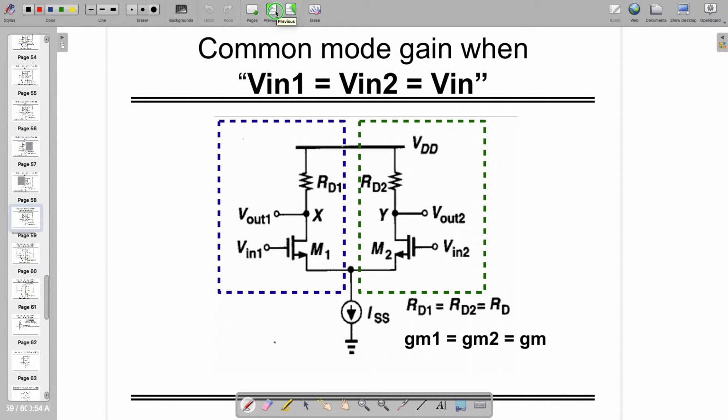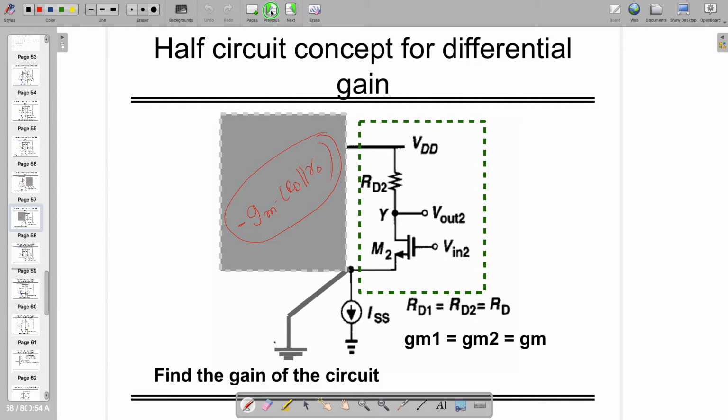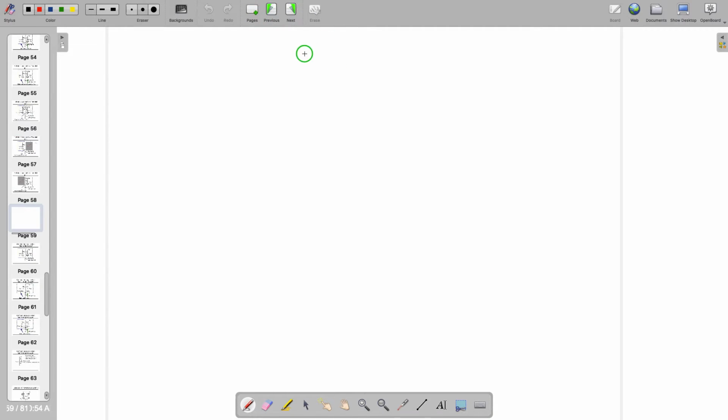Now let's talk about the condition when both the inputs are not differential, because we are applying superposition and checking what if I am applying the input common mode voltage, or the same input on both sides.